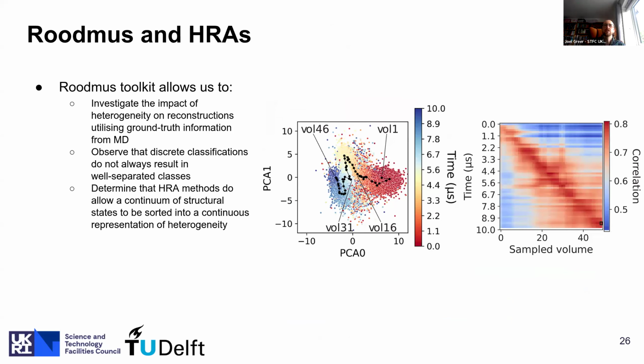And we've seen that heterogeneous reconstruction algorithms do potentially allow you to represent a continuum of structural states in your latent space embeddings, and that the decoded volumes can represent the actual states present in the data set quite well.